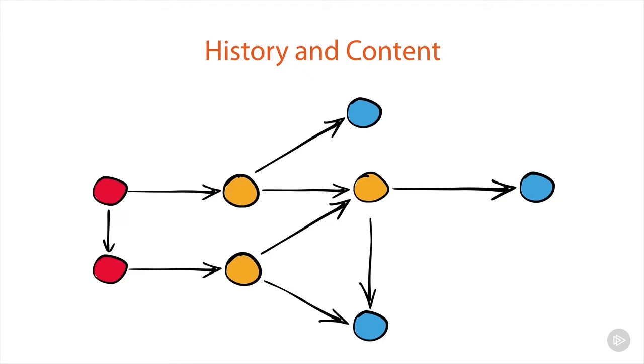These references all look alike, but they're used in two different ways. References between commits are used to track history. All the other references are used to track content. We've also seen that Git is good at reusing content, so you can have objects that are reachable from more than one commit, like these ones here.